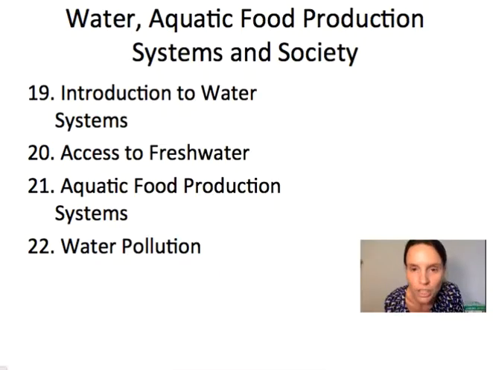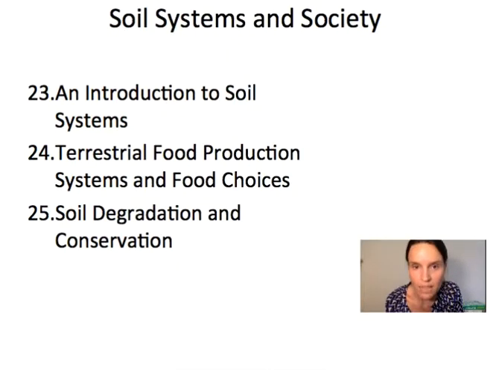In Water, Aquatic Food Production Systems and Society, we talk about how the water cycle impacts human populations on the planet, and then what we are doing to keep water as a clean and sustainable resource. We do the same thing in Unit 5 for soil systems and societies, just give the basics of what soil systems are and then talk about how human life is impacting soil on the planet.